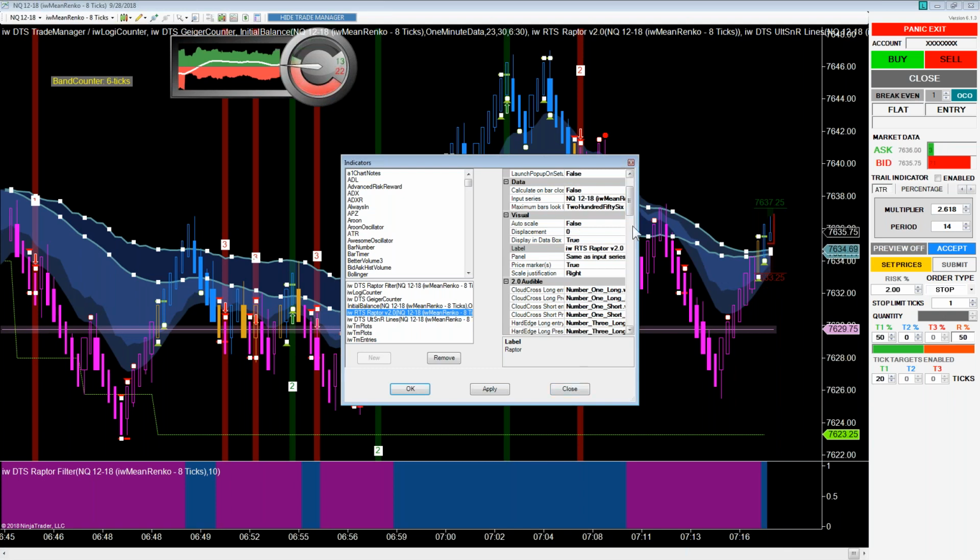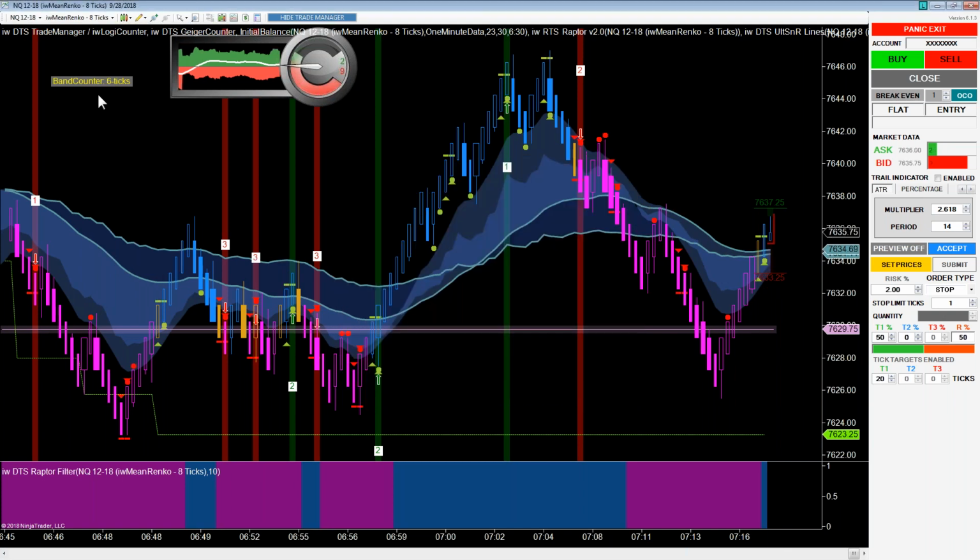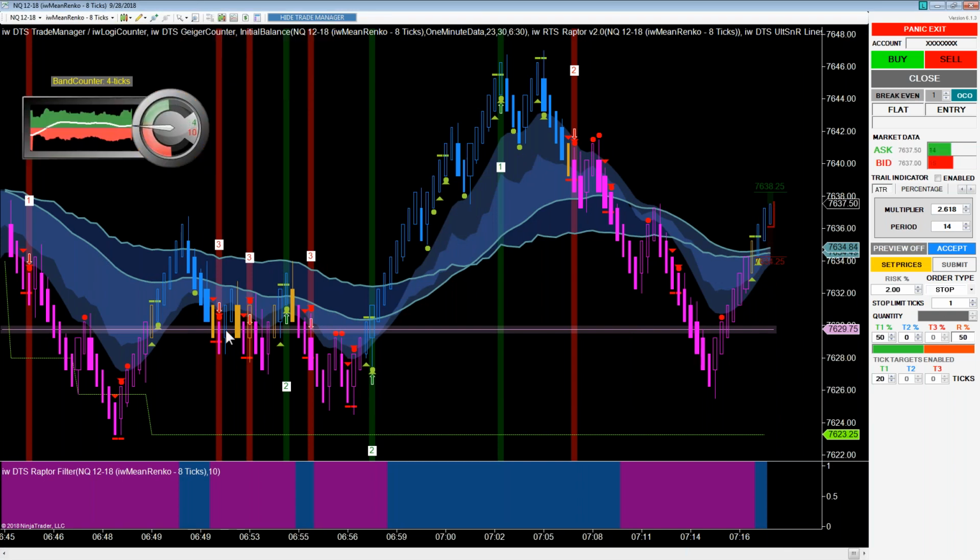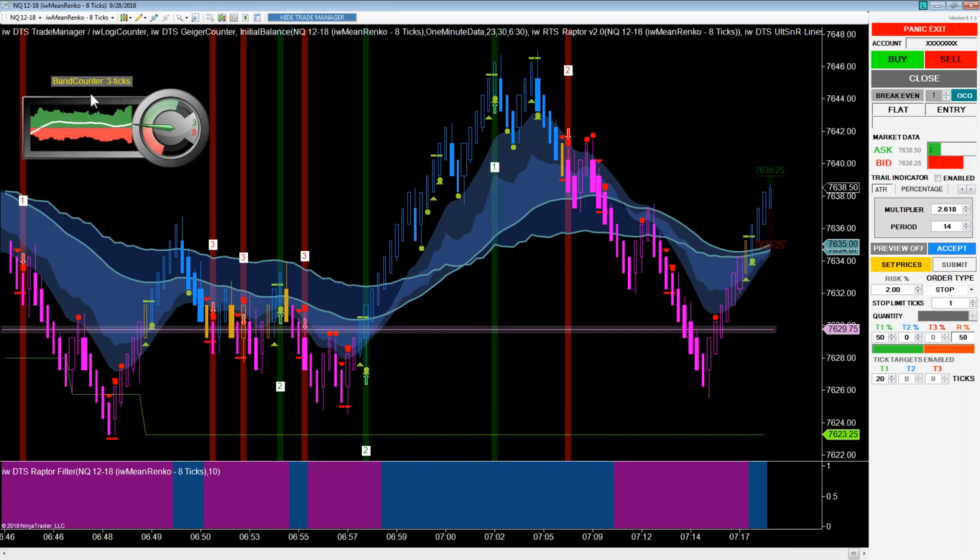At any rate, there we go. Ta-da! Finally have a band counter. The idea behind the band counter. Oh, yeah, Scott's asking about the Eagle. You're always having to ask for something extra. I'm sure we can put one on the Eagle as well.